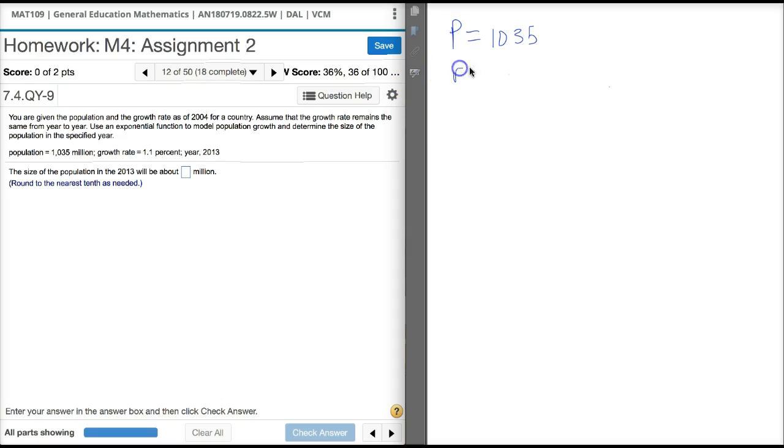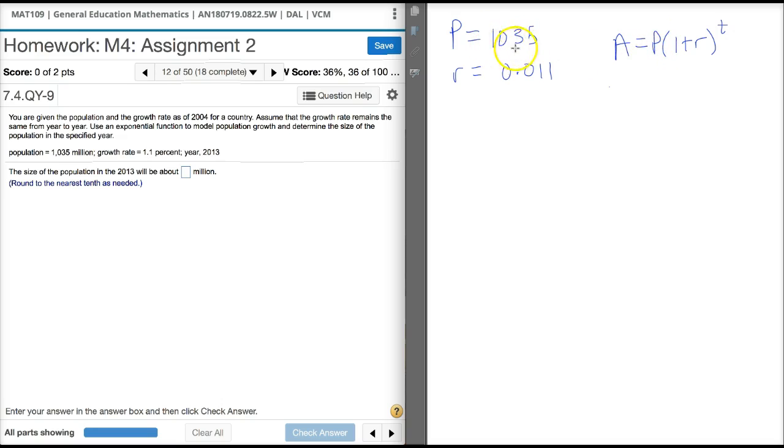Our growth rate, which is R, will be 1.1%. If we take 1.1% and translate that into decimal form, it is 0.011. And we're told that the year is going to be 2013.